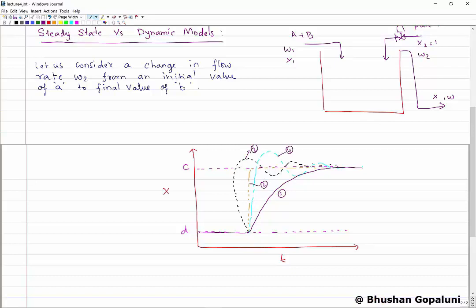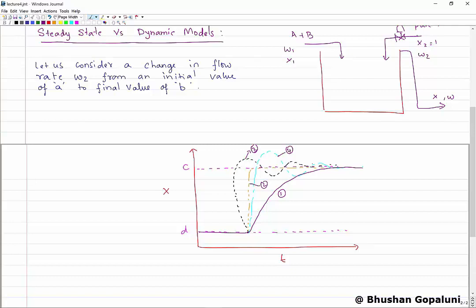Depending on the process, depending on the dynamics of the process, depending on the type of differential equations that relate the different variables in this process, we're going to see one or the other type of response.